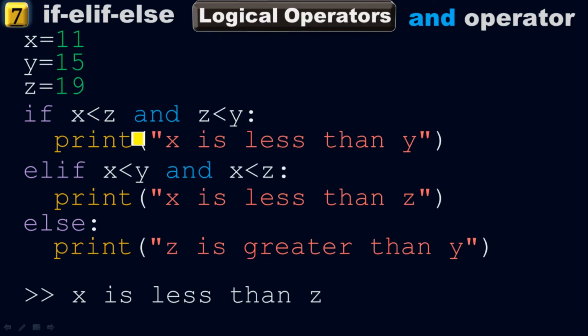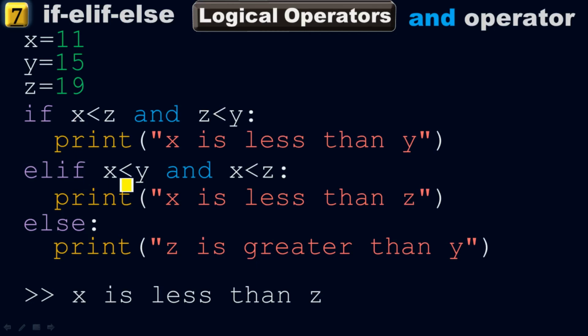It will be ignored. The program will ignore the first condition and will jump to the second one, because we know that for the AND operator, both of the statements must be true. Only then it will be executed, otherwise it will be ignored. Now since one term is not satisfied, this whole part will be ignored and it will jump to the second option, which is elif.